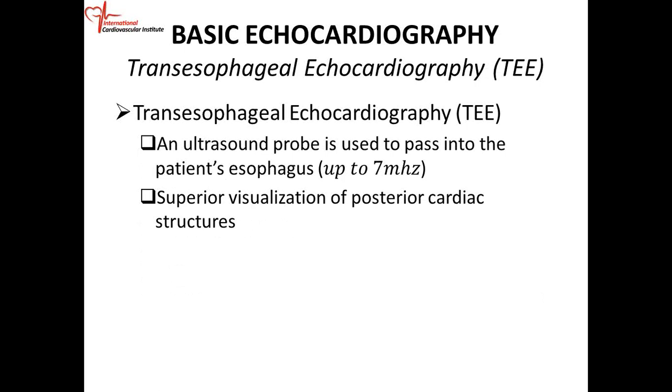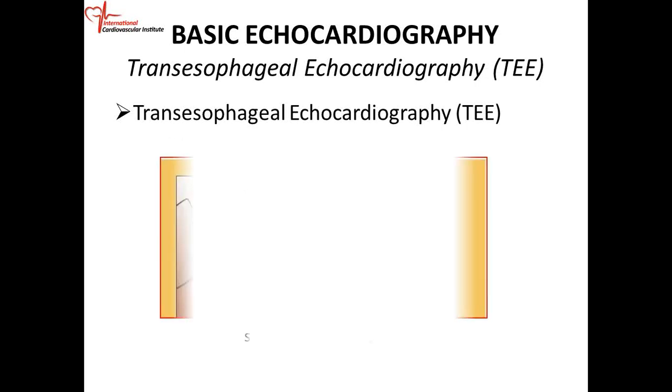This allows what we call superior visualization of the posterior cardiac structures. So if you remember, the esophagus lies just behind the heart. By doing this technique, we can see the posterior structures of the heart very clearly, because remember, the camera is at the tip of the endoscope.